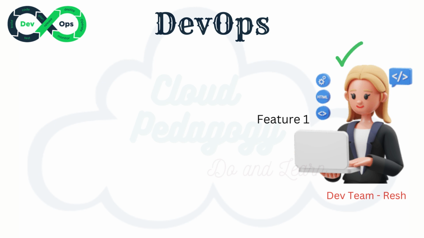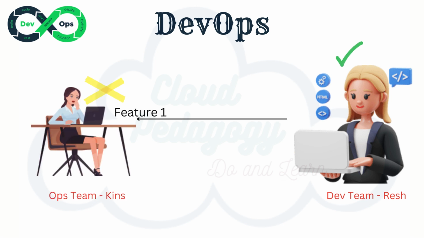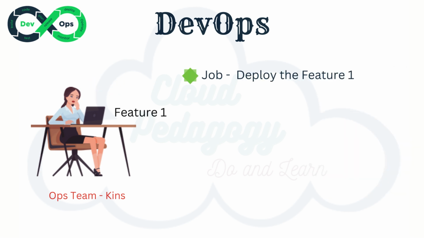One time, one of Resh's features that worked fine in her development environment brought up new errors and issues in the production environment. It was up to Kins, once that code was deployed, to solve these errors that were caused by the new changes. This wasn't very fun for Kins, as she was now managing this asset that she had no part in creating.